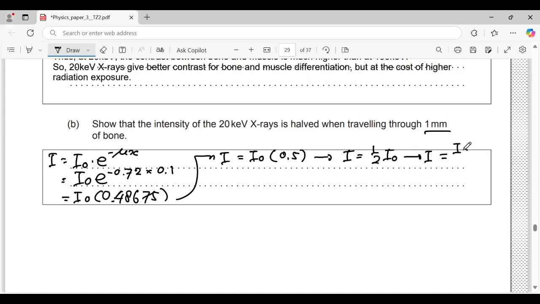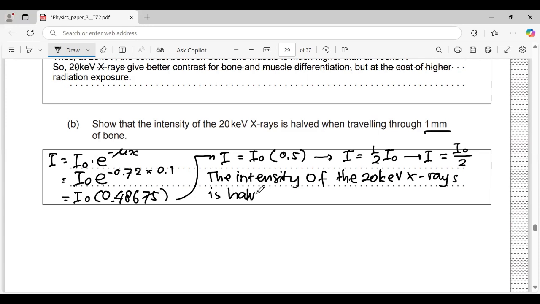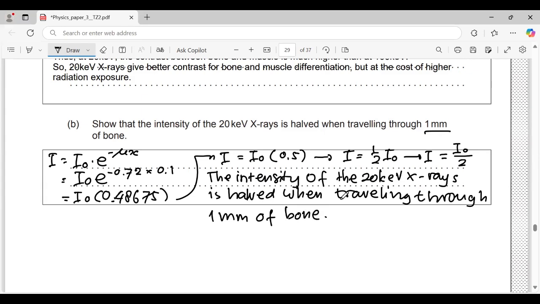So we can conclude, or we can state, that the intensity of the 20 kilo electron volt X-rays is half when traveling through 1 millimeter of bone. Okay.